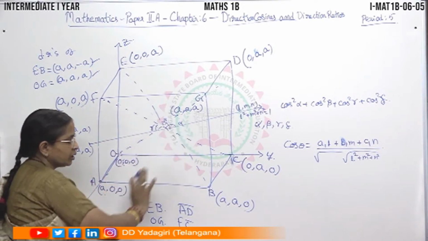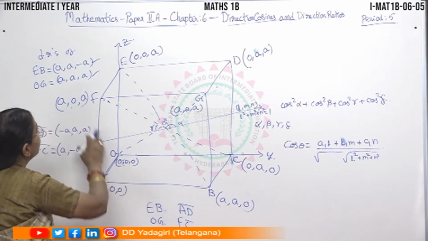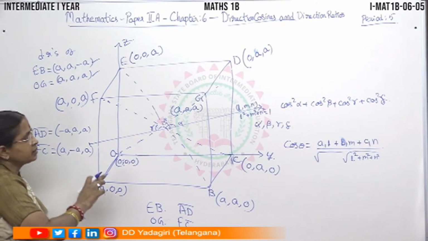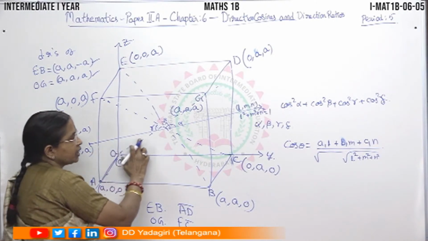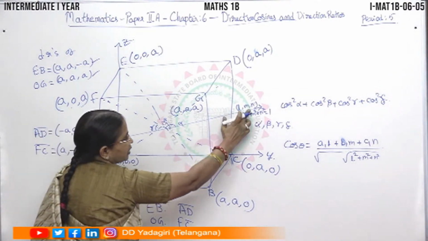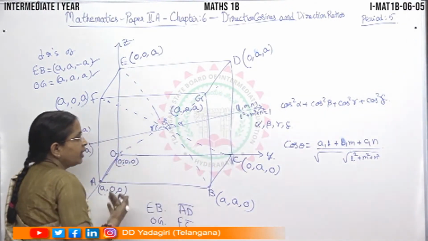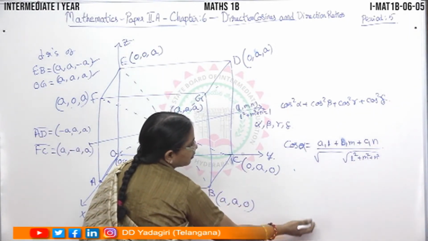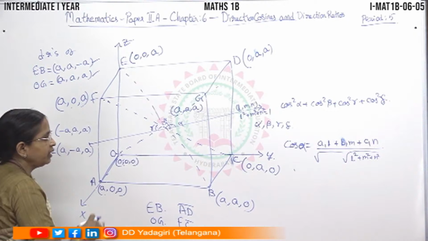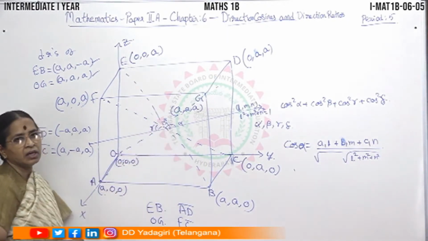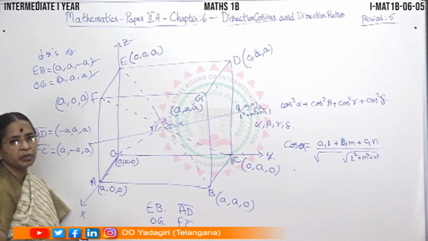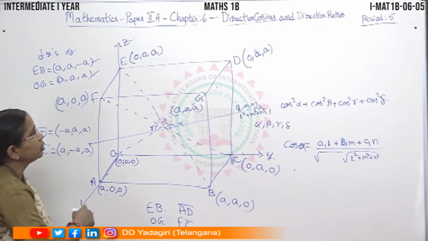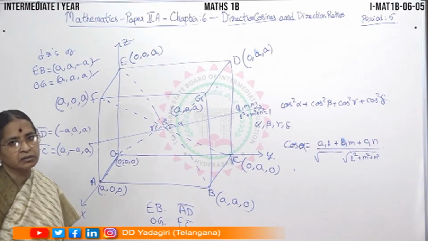You just draw the cube, find the direction ratios of all four diagonals, and suppose the direction cosines of the ray are L, M, N satisfying this condition. Then write the cos alpha, cos beta, cos gamma, cos delta formulas, simplify, and that gives the value 4/3. Now we'll write the solution neatly and then I will explain.